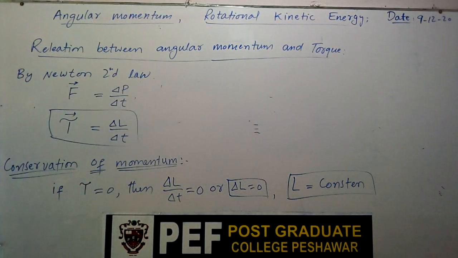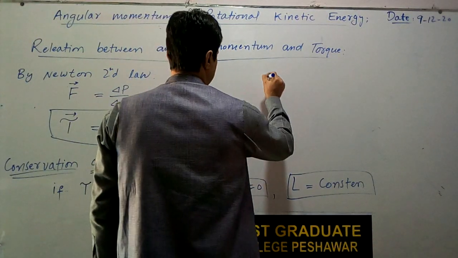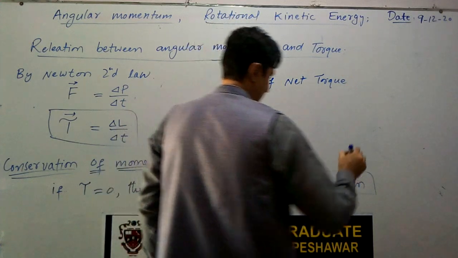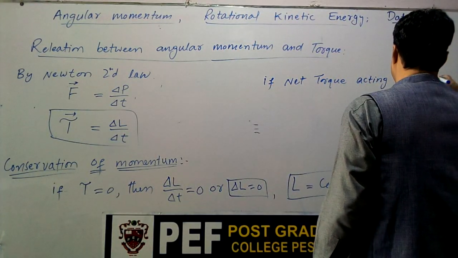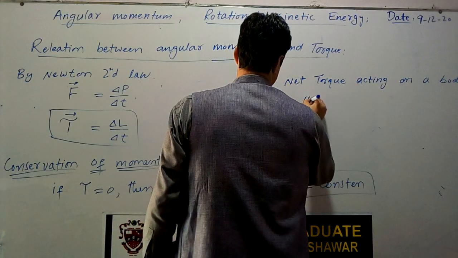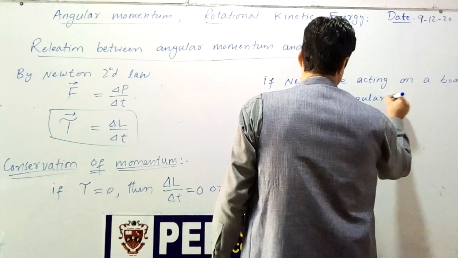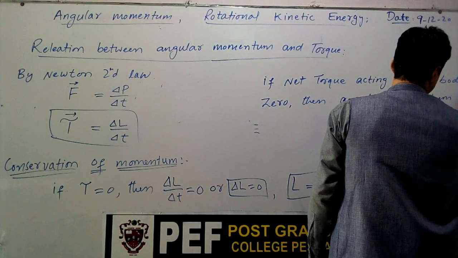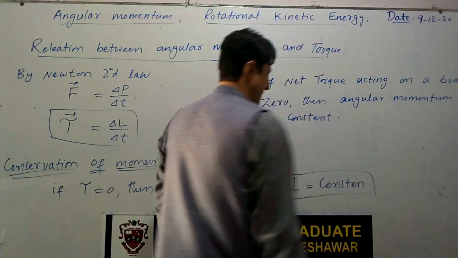Let me write it in one. Conservation of angular momentum means if net torque acting on a system or on a body is 0, then angular momentum will be constant or does not change.